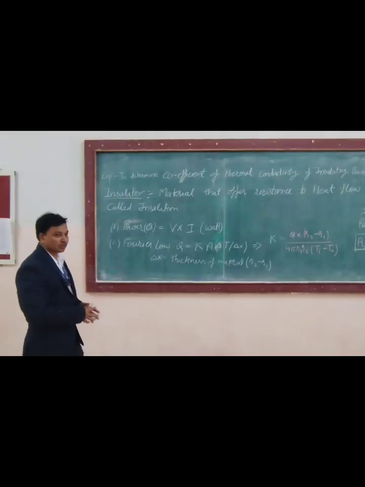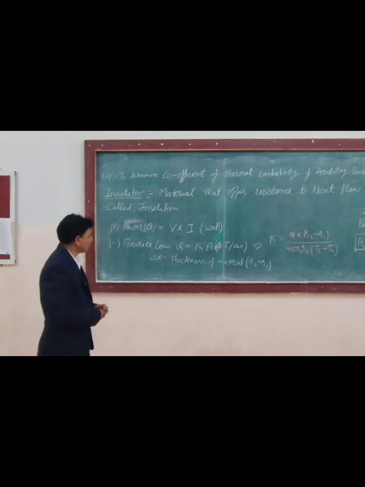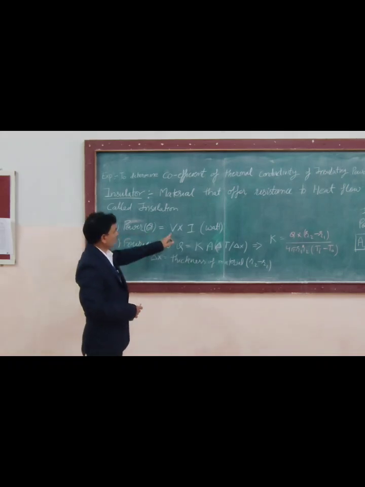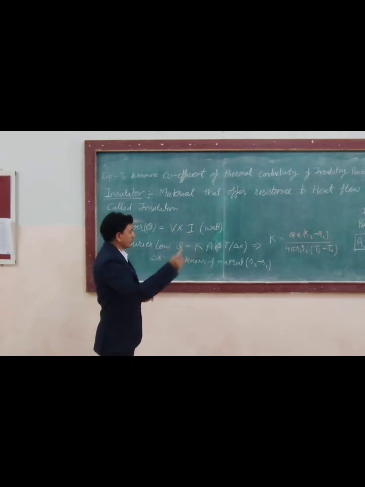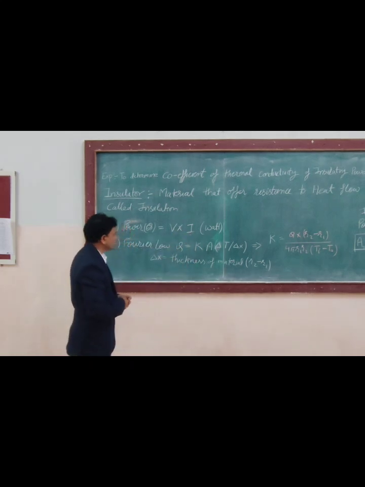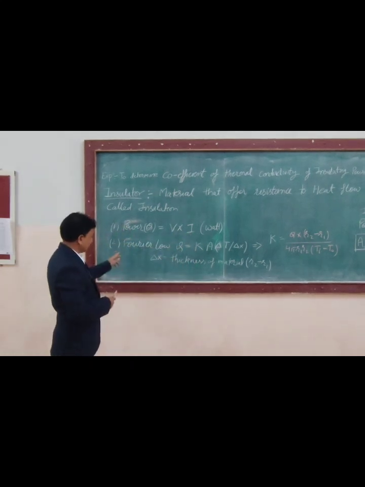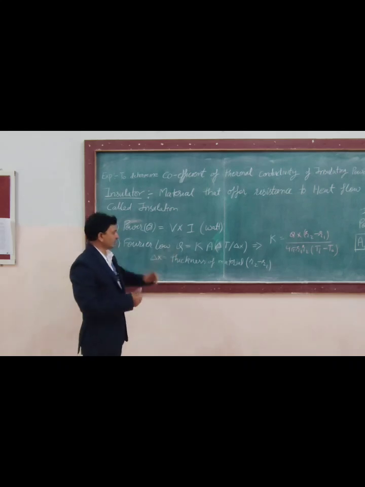This is the calculation part of this practical. The power supply we can measure from voltage times current. We get the readings from the instrument panel, and there is Fourier's law of heat conduction.